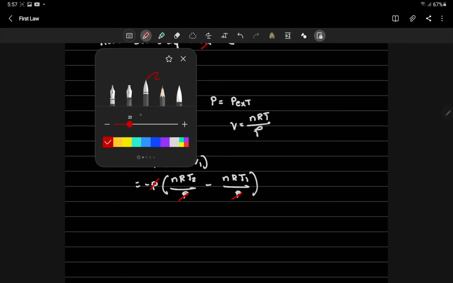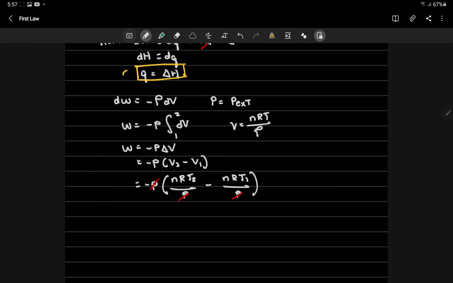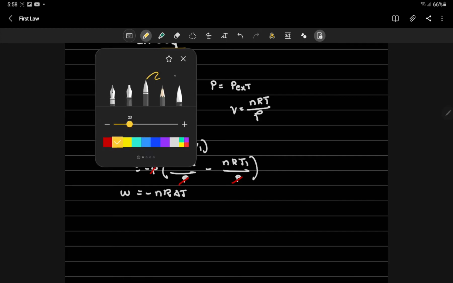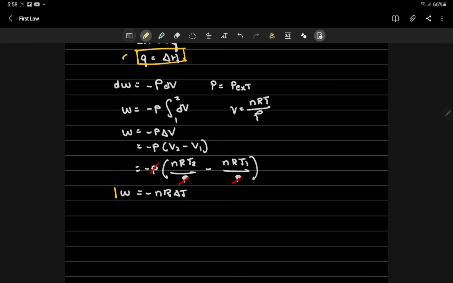So, ang lalabas therefore sa equation na to, for an isobaric process, W is equal to negative nR delta T. That is how we get the fourth equation, which is for work. So we're done with isothermal, we're done with isobaric.